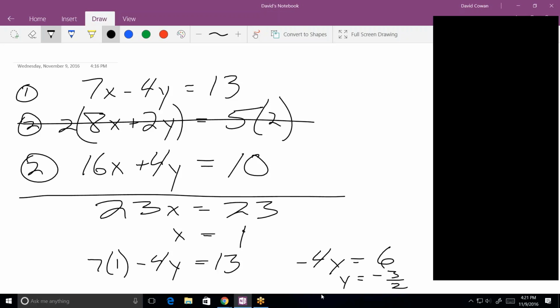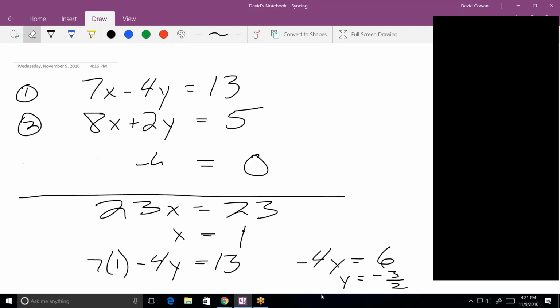Now, let me just say a word about that. When you're trying to figure out which equation to use, don't use the modified number 2 ever. If I asked you now, what's the best way to solve for y, which one would you use? Probably equation 2, because everything's positive. I don't have to deal with that negative sign like we had to.